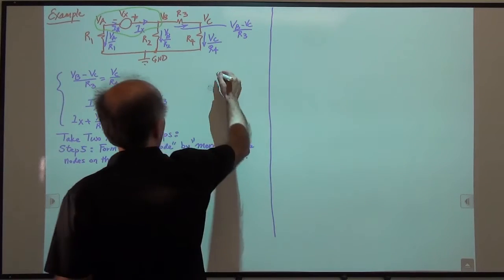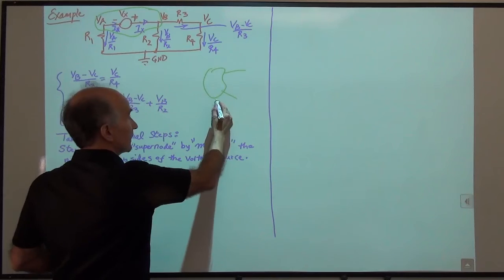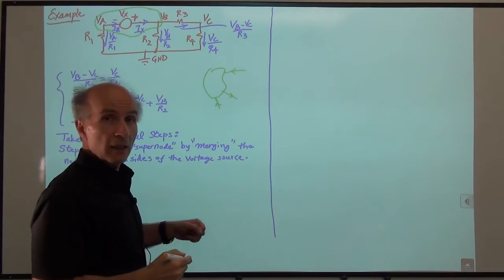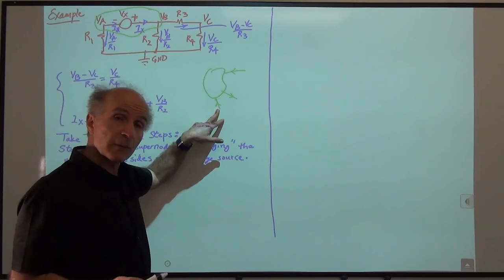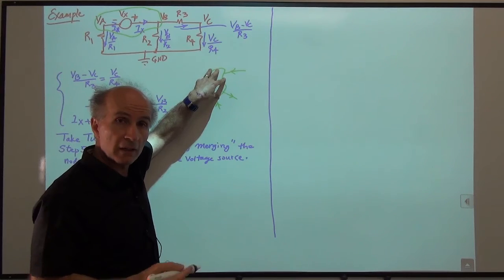So if you take any circuit and there are a bunch of wires coming out of it, and we have some currents, the algebraic sum of these currents still has to be zero, because it's like an intersection in the city.